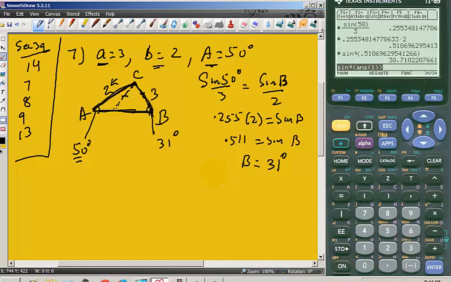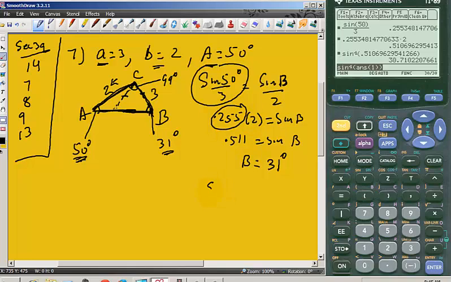Now that's 31 degrees. Now I know what this angle is. That's 50, that's 31, so this angle has to be 99 degrees. As soon as I know that's 99 degrees, I can solve for side C. So I'm going to use the same ratio that I used here, because I already have all the information, which is 0.255.